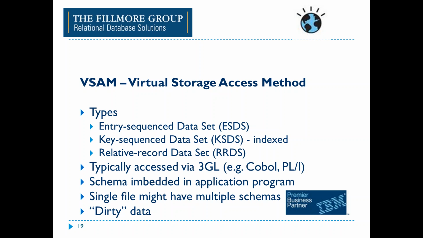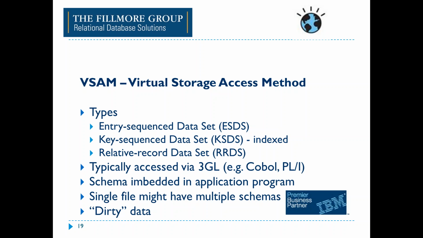The other big challenge with VSAM is that a single file may have multiple schemas. So instead of the normalization that we go through in a relational database, I may have embedded in a single VSAM file both the purchase order header information, the vendor name, address, phone number, city, state, zip, and at the same time in the same file the purchase order line item, which contains line item number, SKU, quantity, amount, extended amount.